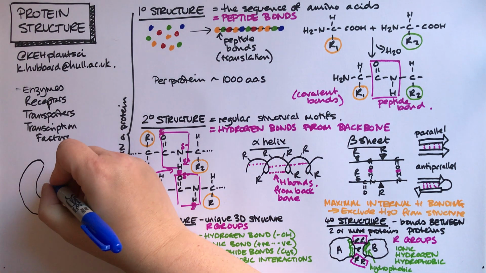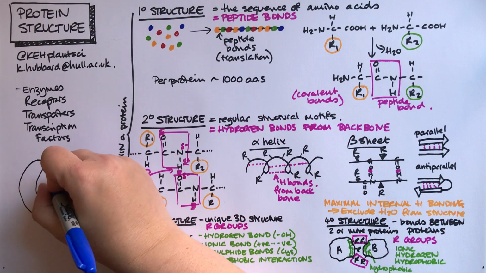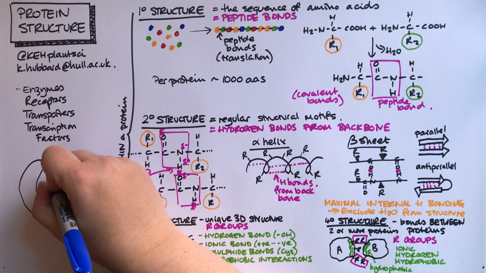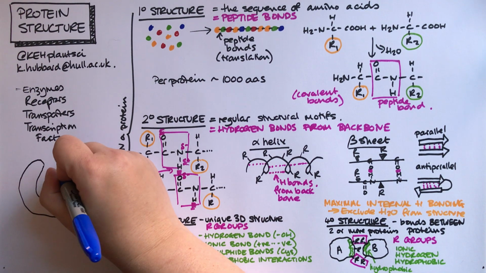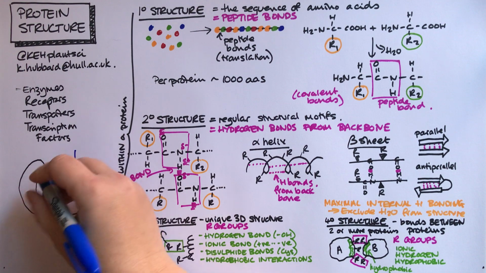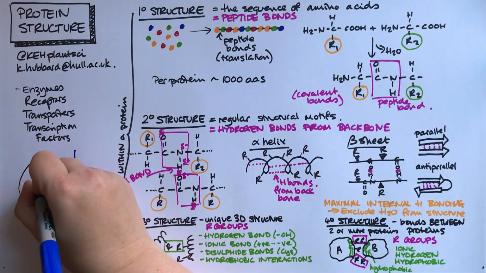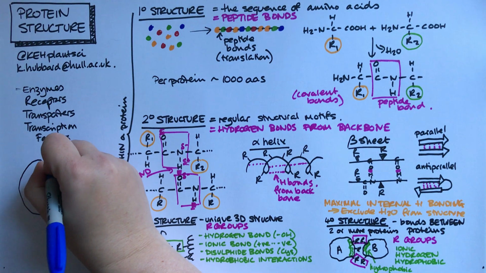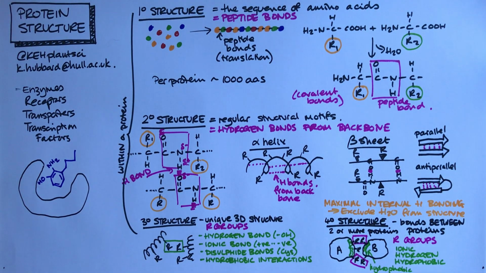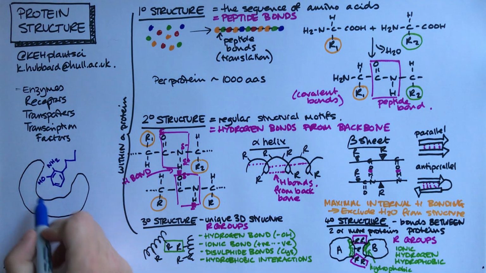So I don't know, let's have a molecule, I'm just going to make one up. Let's have an OH there, and let's have an NH2 there. But this is all carbon and hydrogen.